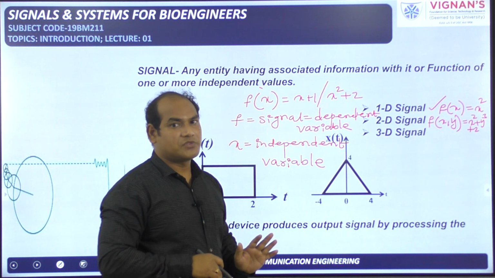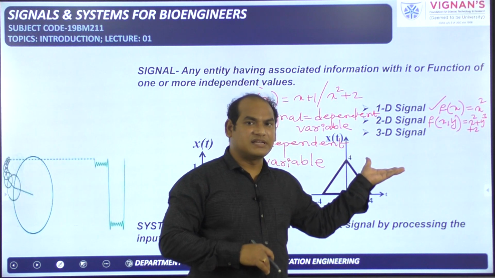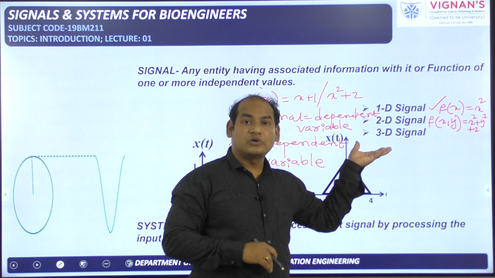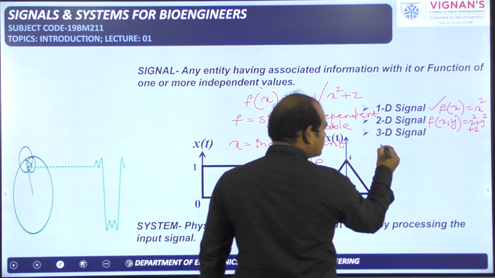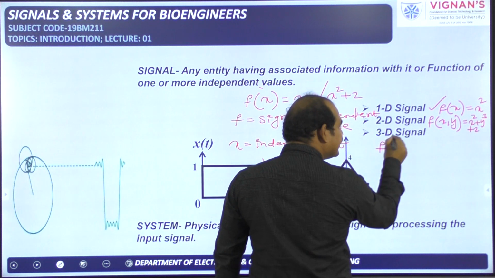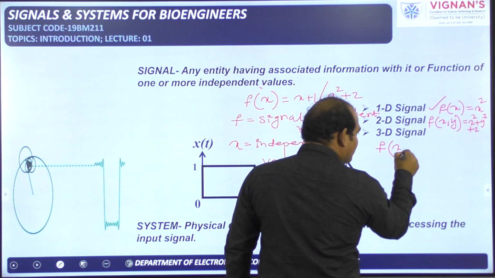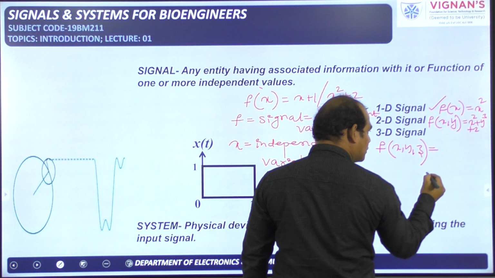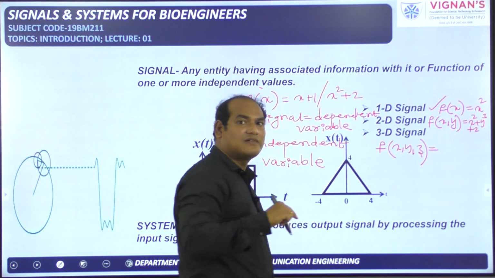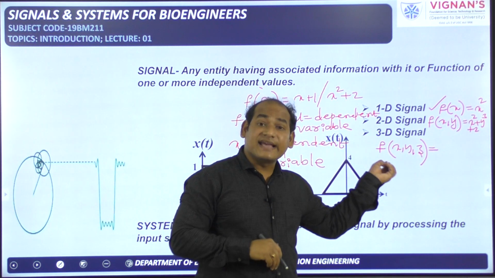Okay, and coming to the three dimensional signal, you can also tell now how to represent it. I need here three independent variables, that's why f of x comma y comma z, that is equal to, the relation should involve x y z now.